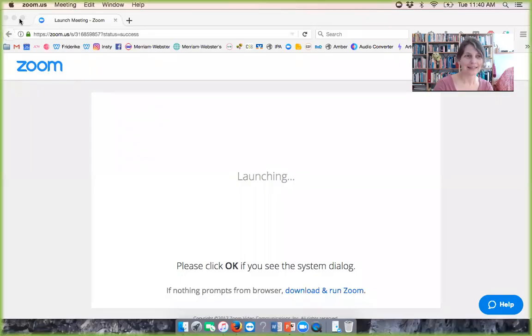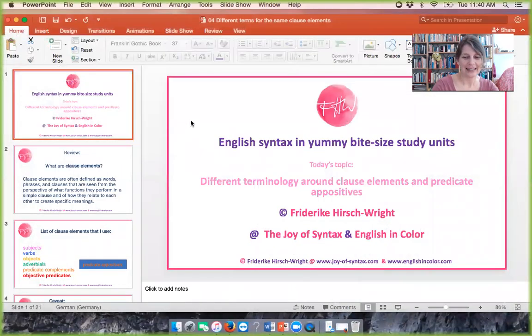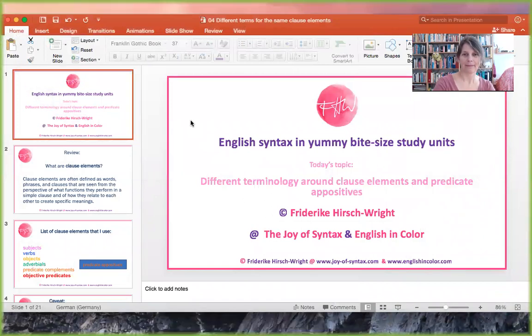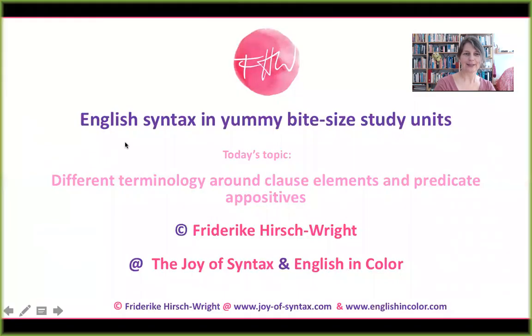So, of course, I have prepared a PowerPoint, and I'm going to go ahead and share my screen now. And we'll start. There we go. So: different terminology around clause elements and predicate appositives.